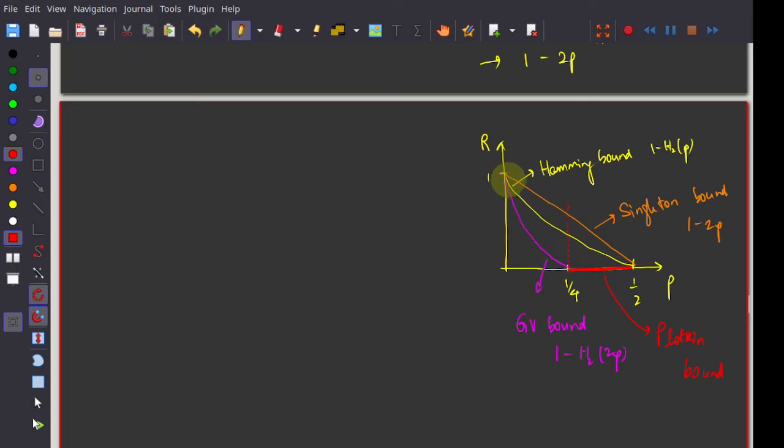So essentially, what we need is a bound which tends to 0 as p tends to 1/4. So firstly, is there such a gap, or is there some kind of a sharp transition? That is what we want to resolve.